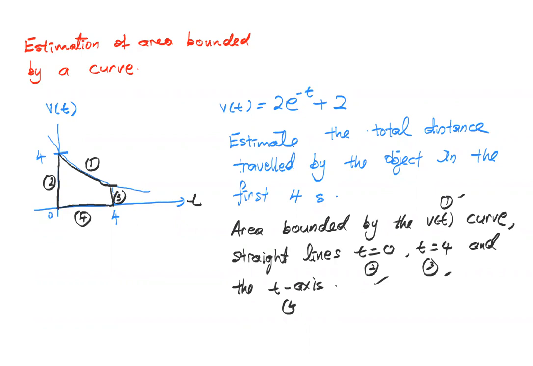Because this shape, one of the sides is a curved shape, correct? So you can't really find the exact area, am I right? So now I ask you to estimate. So how to estimate this area? So anyone, can you suggest to me an estimation?